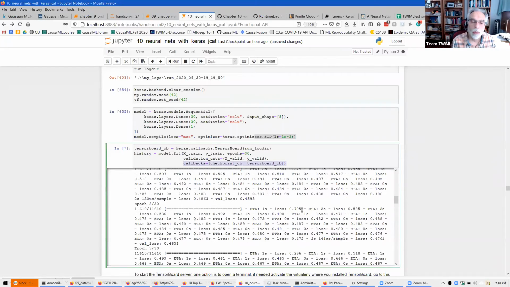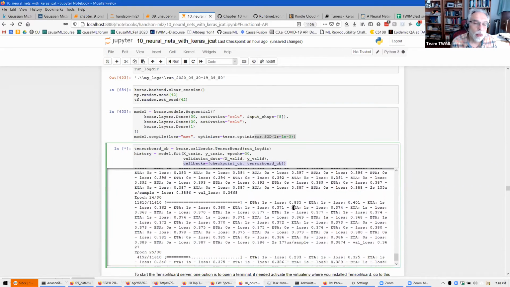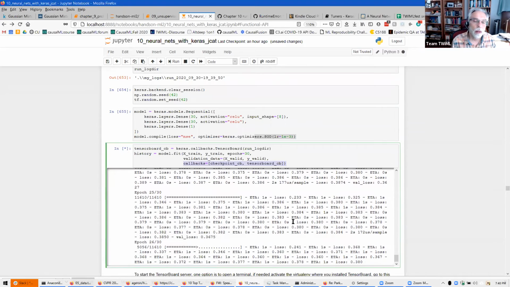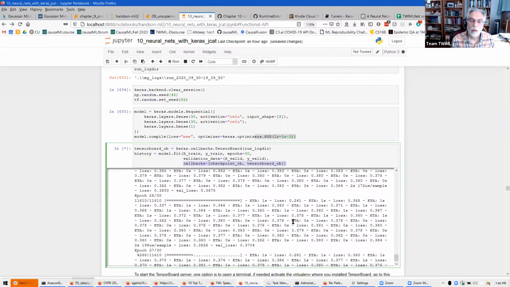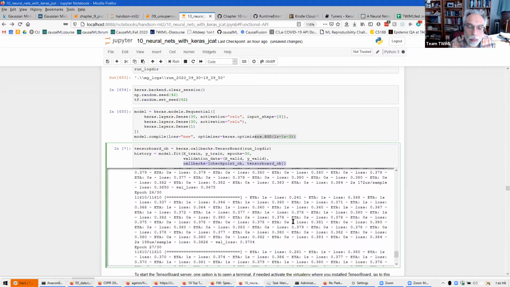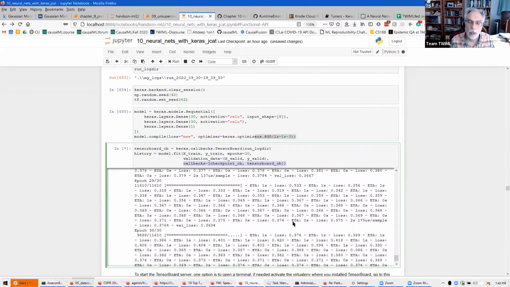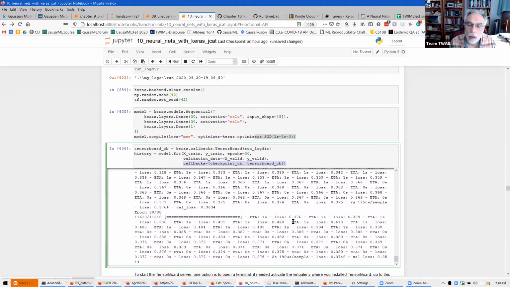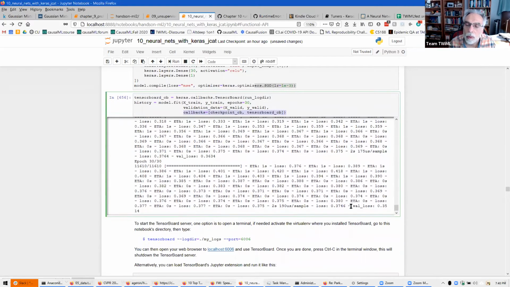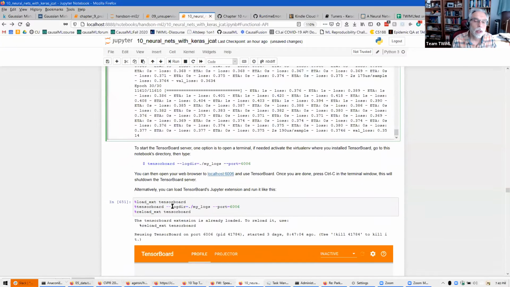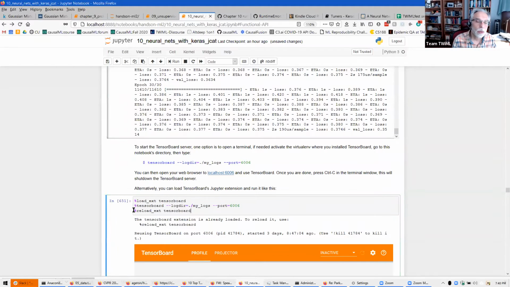Okay, I think it should be done by now. Almost 30, 25. You can see we're getting down to that 0.37 loss that we saw before. Okay, there we go. Now we can load up the Tensorboard.